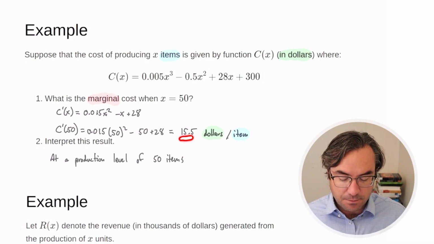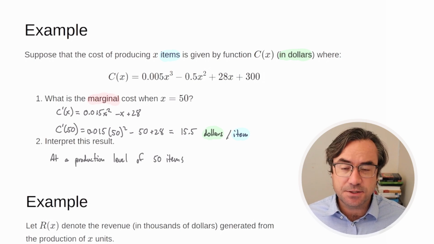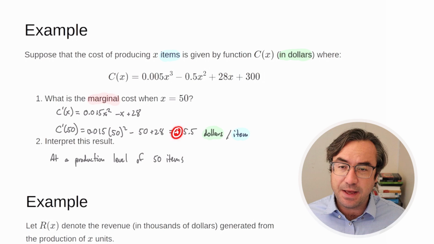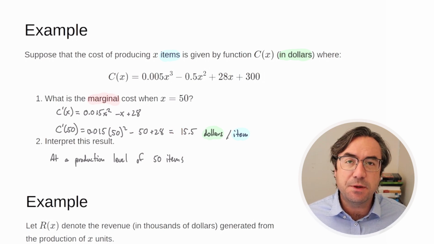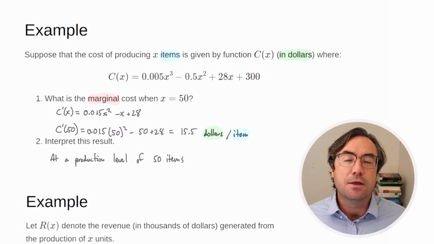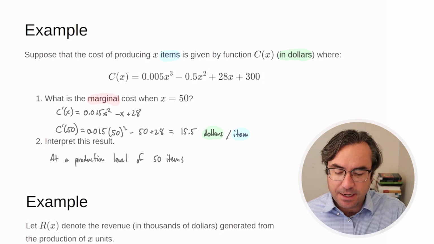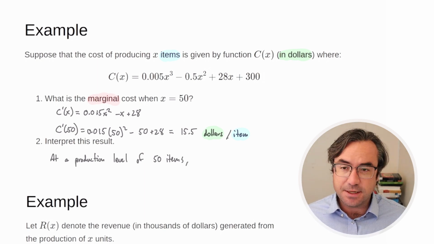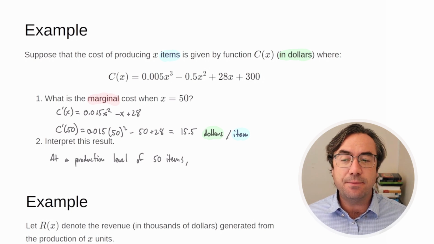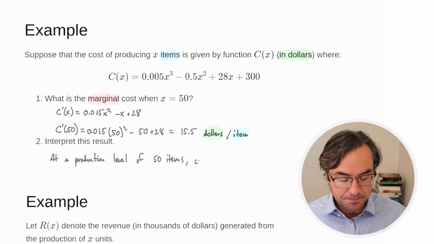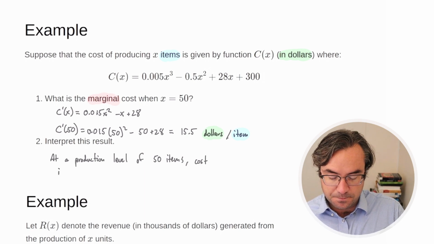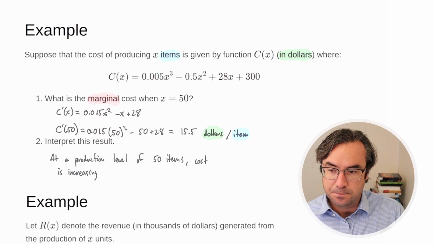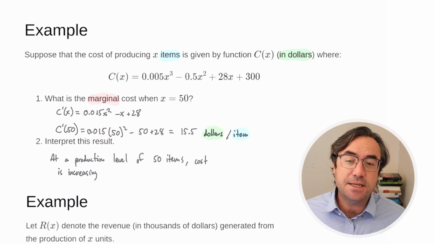And what this marginal cost is telling us, well, first of all, it's a positive value. We're interested in knowing when our derivative is positive or negative. So in this case, the derivative is positive, so that means cost is increasing. And it's increasing at a rate of $15.5 per additional item.